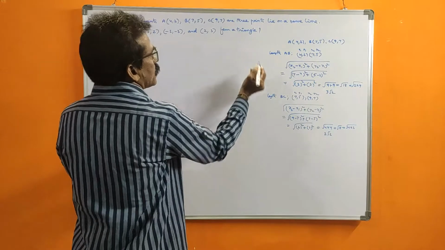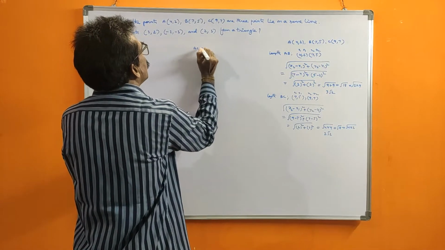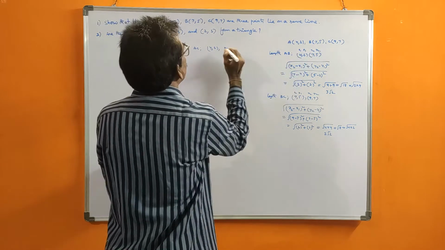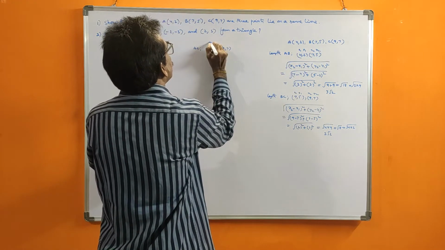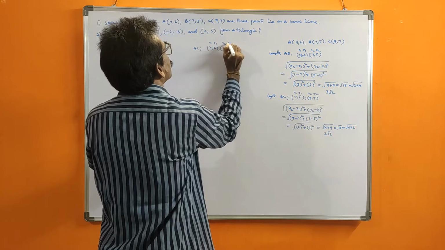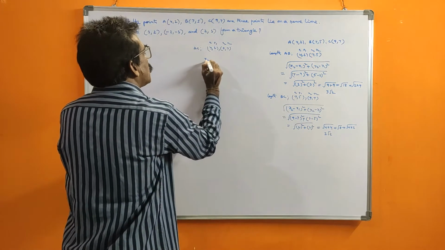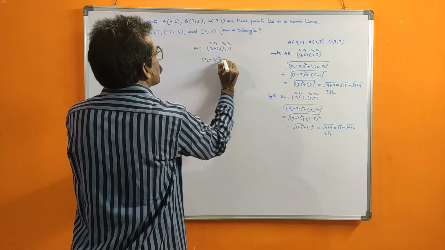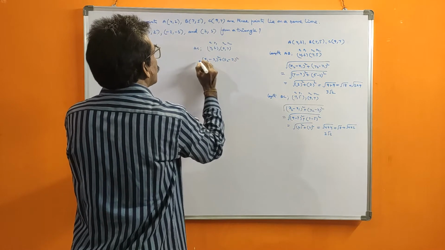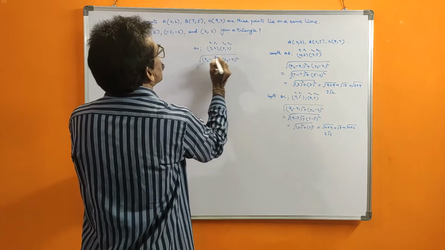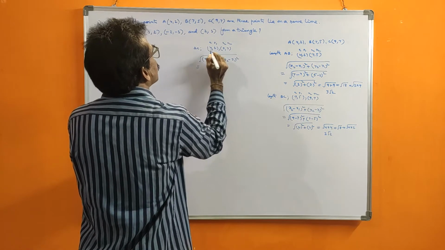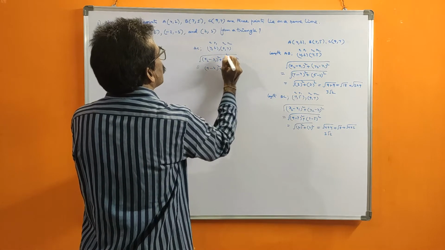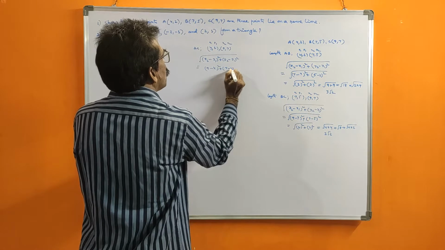Next, length AC. A point is (4, 2), C point is (9, 7). This is x1, y1, x2, y2. Now the distance between 2 points is the square root of (x2 minus x1) whole square plus (y2 minus y1) whole square. x2 is 9 minus x1 is 4 whole square plus y2 7 minus y1 2 whole square.